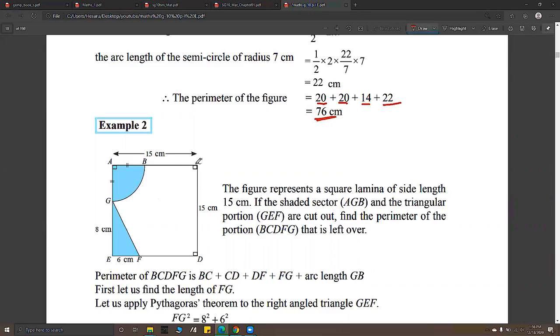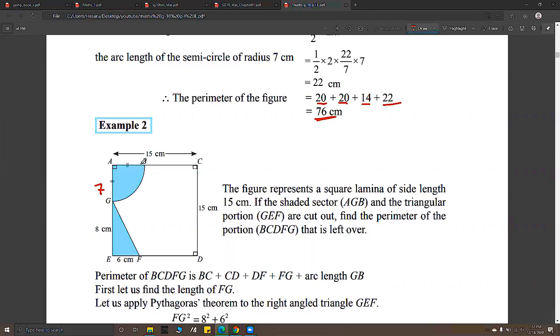This is 15 centimeters, and if this is 15 centimeters, this is 8 centimeters. So 15 minus 8 should be 7 centimeters. If this is 7, this and this should be equal. So it is 7.